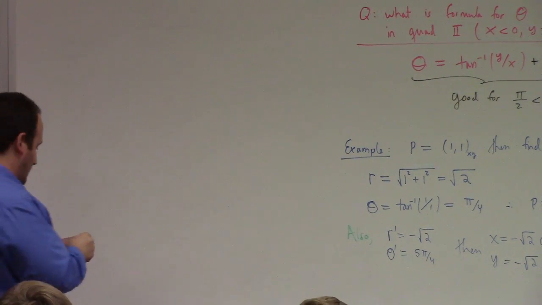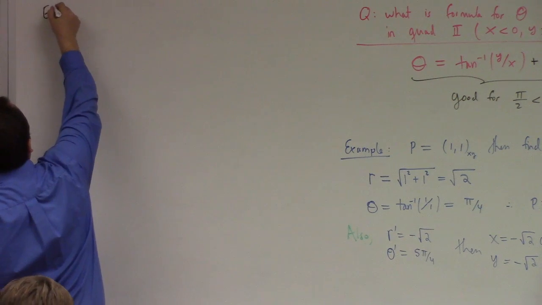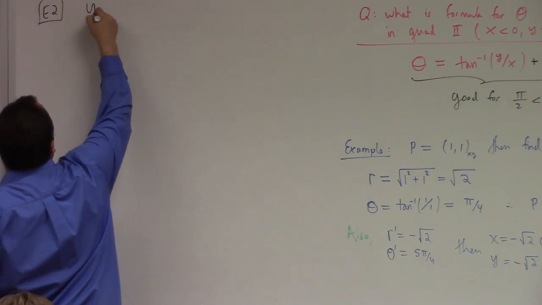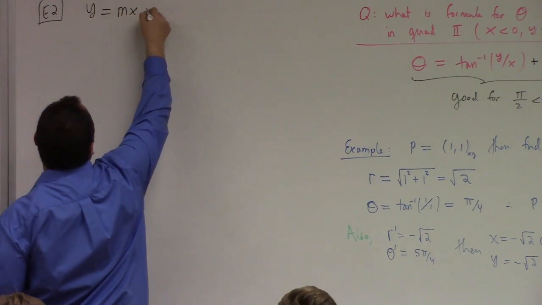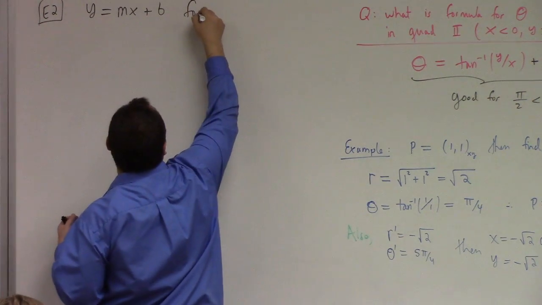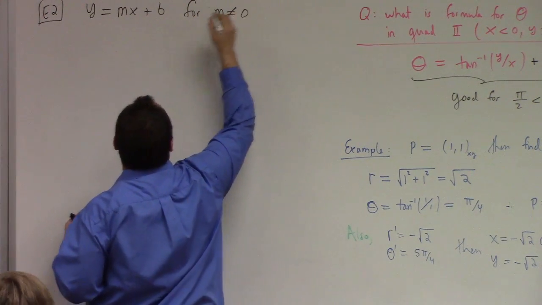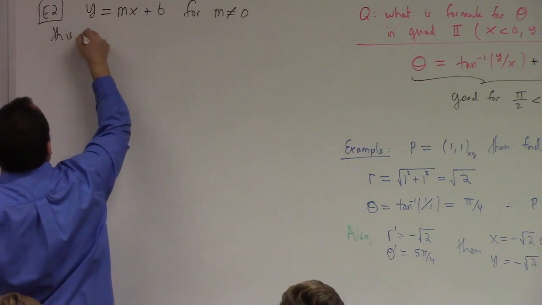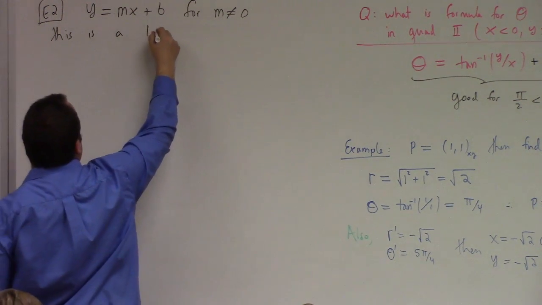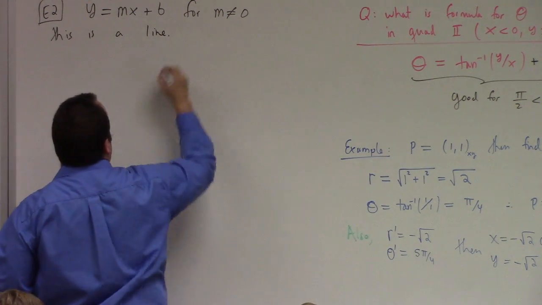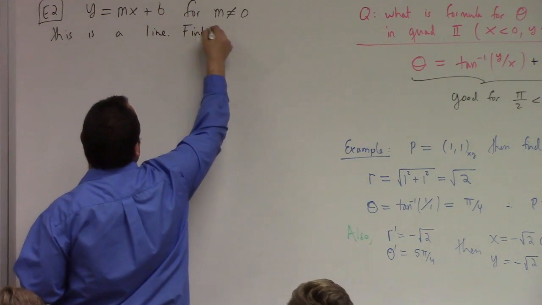How about this? Example 2. If I have y equals mx plus b for m not equal to 0, this is a line, right? Find its polar form.